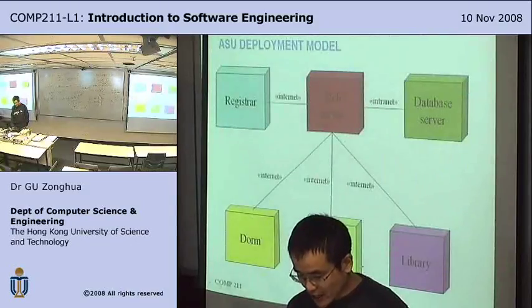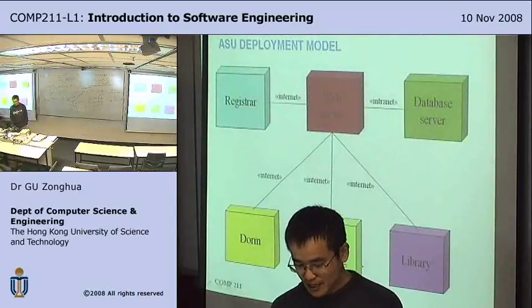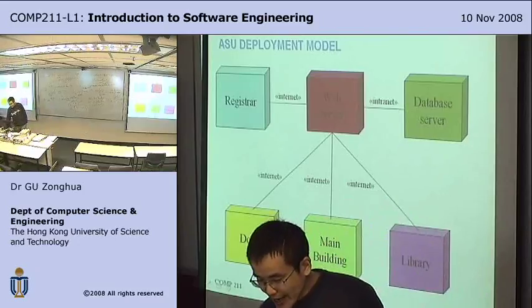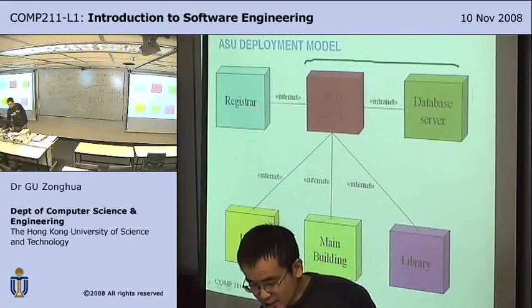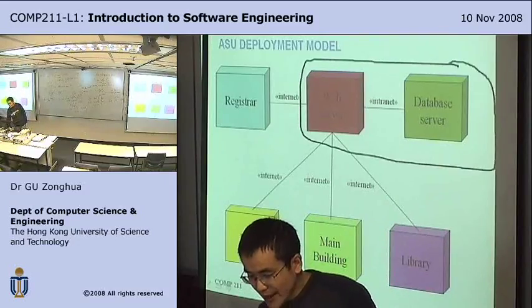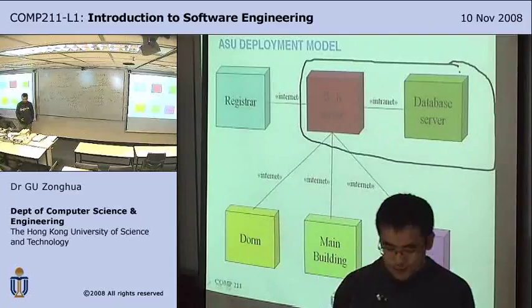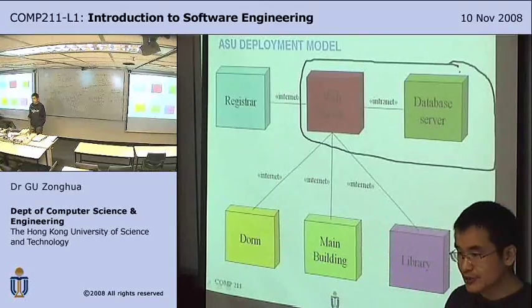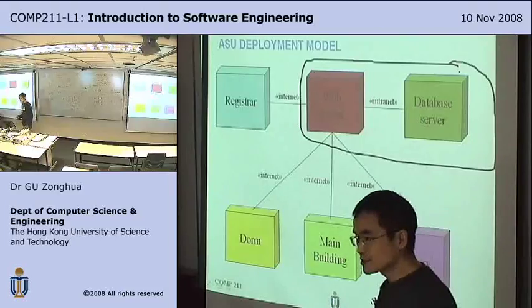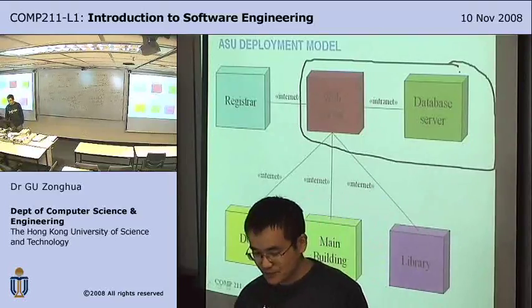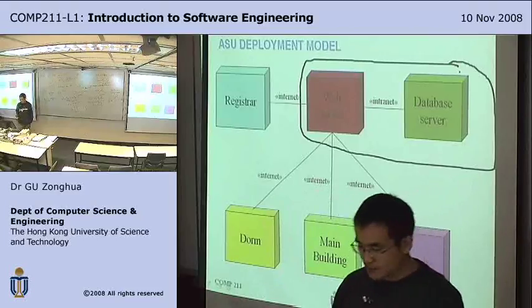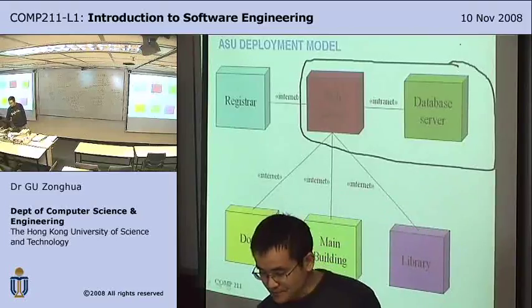So here is the ASU example deployment model, where you have the server part consisting of a web server and the database server. These two can be on the same machine, as perhaps in your implementation, but they can be on separate machines in a real system to balance the workload.